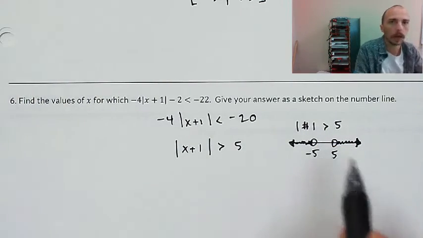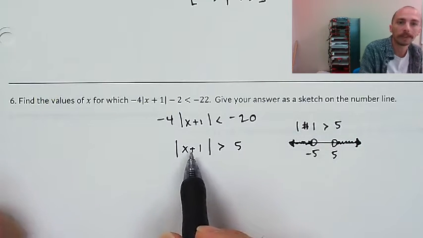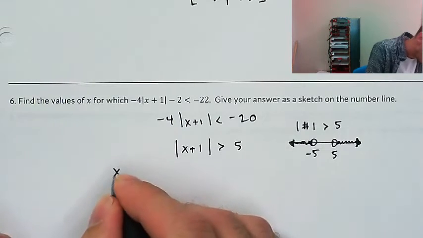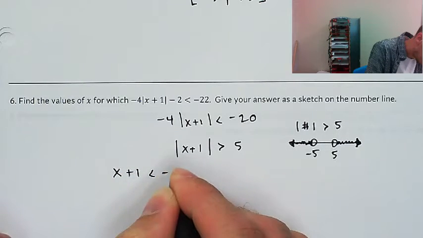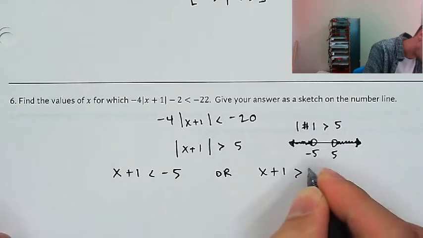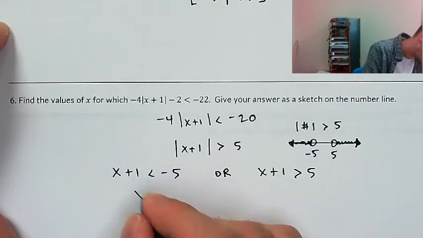And then from there, I will say, all right, this thing right here, this inside of the absolute value, that's what needs to be bigger than 5 or more negative than negative 5. So x plus 1 is less than negative 5, or maybe x plus 1 is greater than positive 5. And then I'll subtract 1 from both sides of both inequalities.